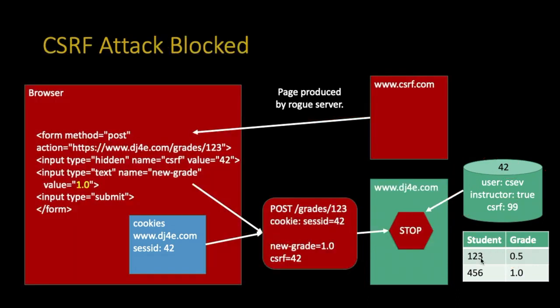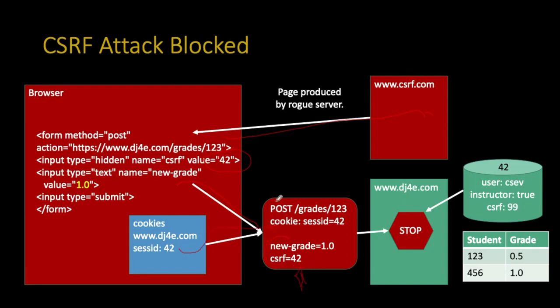With the attack, it's blocked, because the rogue server can generate a page, but it doesn't know what the CSRF is. Maybe it can put in a CSRF, but it doesn't know the right one. So then the post happens, and all the data gets gathered up, and it sends a CSRF, but it's not the right CSRF.